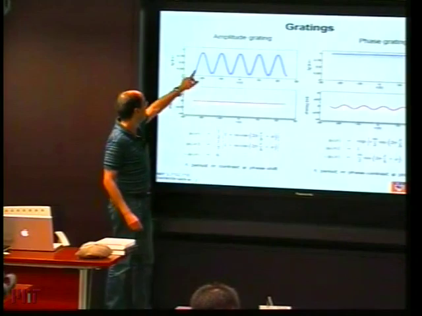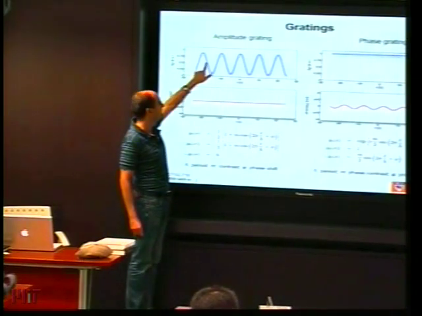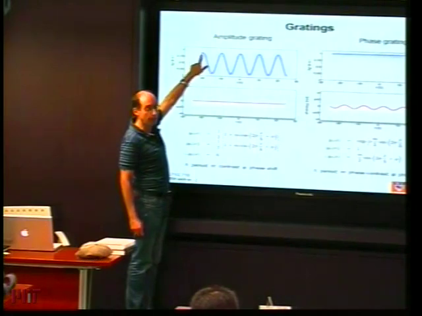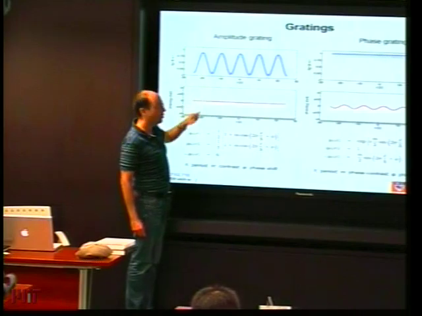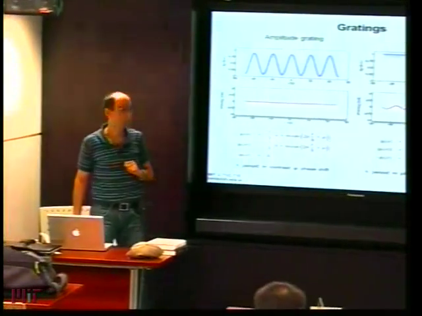If the grating was swinging between maximum 100% transmission, totally bright, and totally dark, that would be 0, then the contrast would have been 1. So this is the function of this M parameter.